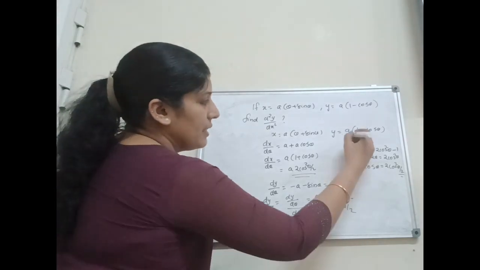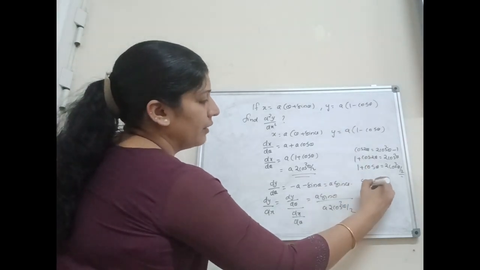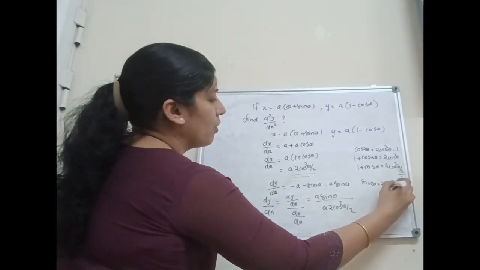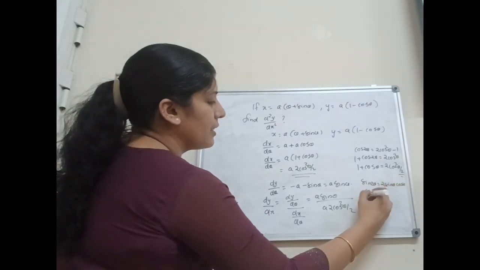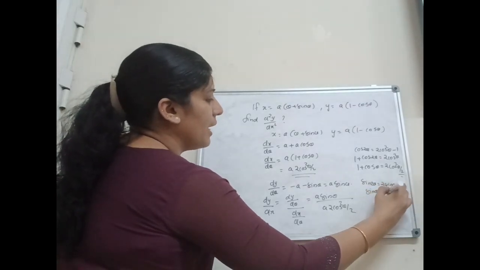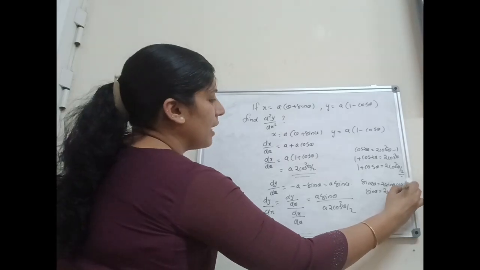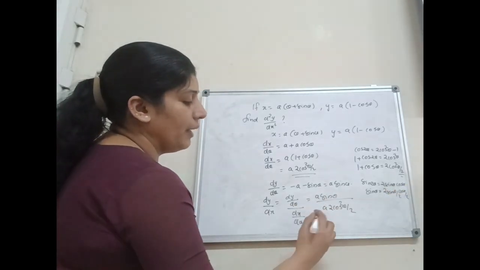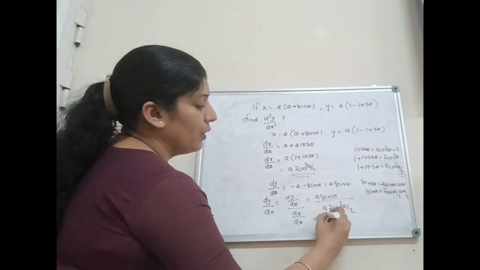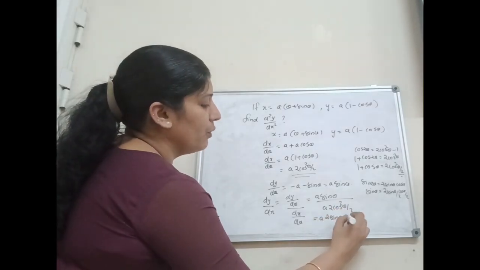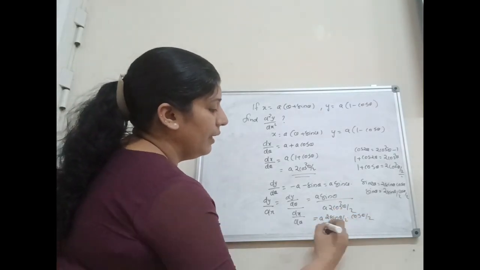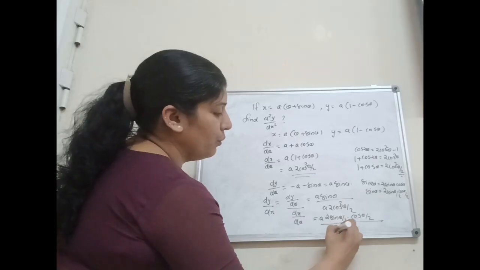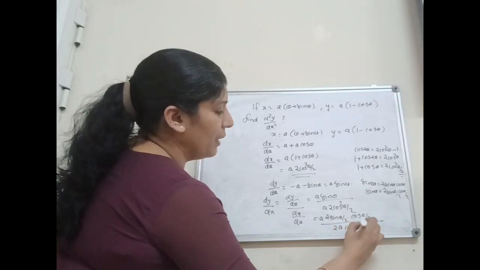We know that sin 2 theta is equal to what? 2 sin theta cos theta. Therefore, sin theta can be written as 2 sin theta by 2 cos theta by 2. Therefore, a sin theta on the numerator can be written as a into 2 sin theta by 2 cos theta by 2 divided by 2a cos square theta by 2.